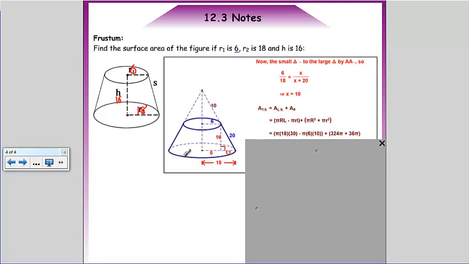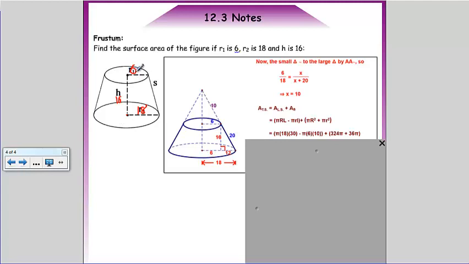If we look at the entire completed cone, it would be pi times radius times slant height, because remember this entire slant height would be 30, because we have the 10 and the 20. And we're going to subtract out the top cone, which will be pi times radius times its slant height, which is 10. And then over here is the addition of the 2 bases.